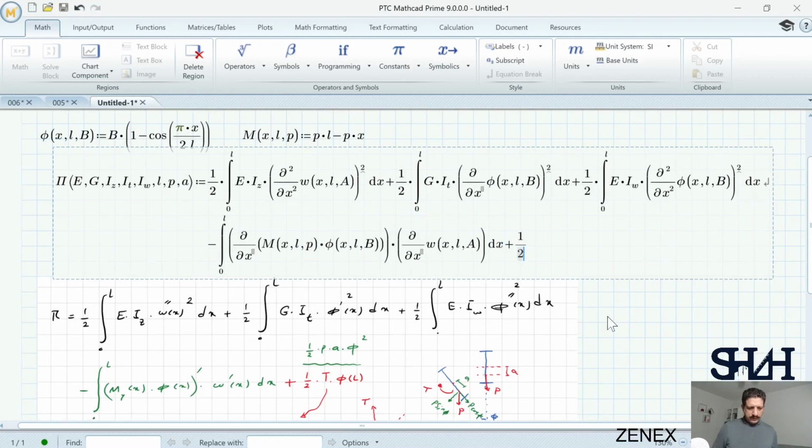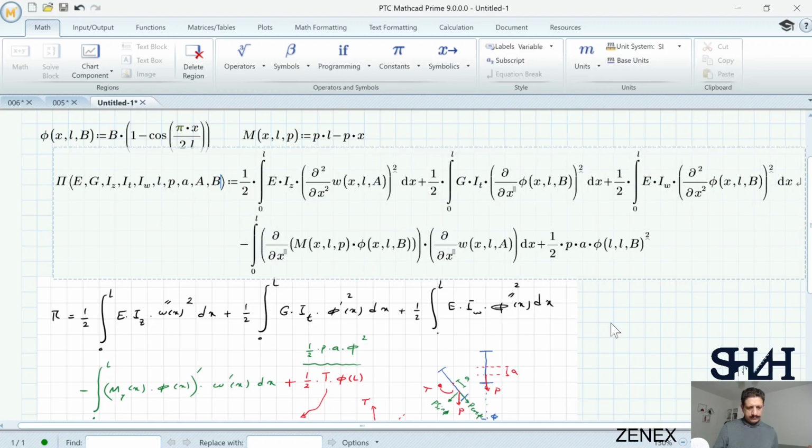Plus 1 divided by 2 times P times A times, now we need to calculate phi at the distance of L. So phi at L and B squared. So this function is a function of E, G, Iz, It, Iw, L, P, A, and also B.